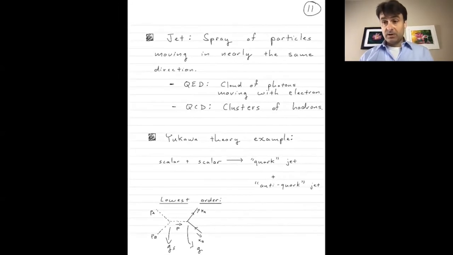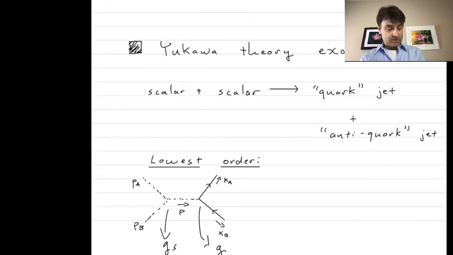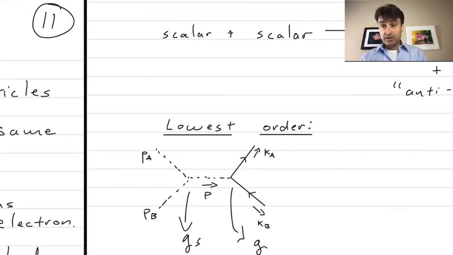And instead of having an e plus e minus annihilate, I'm going to say, let's have two scalars annihilate and produce what we observe in the outgoing state, two jets characterized by the fact that each one has one of the fermions in it. So a Ka and a Kb. So this is the diagram that we'd be looking at at lowest order in perturbation theory, the lowest non-vanishing, non-trivial order. It looks something like this, right?